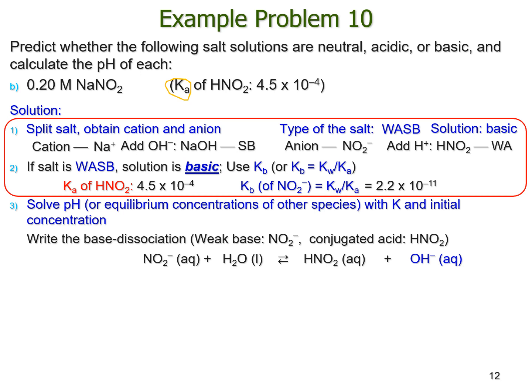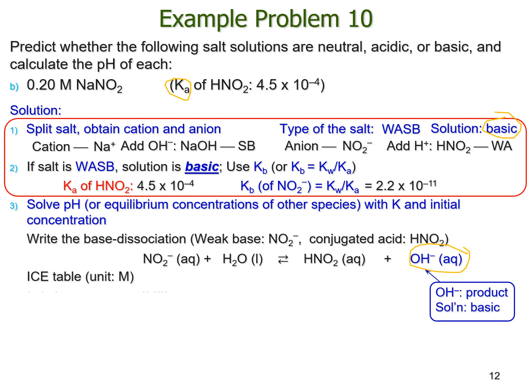Remember, the solution is basic, we must have OH minus as the product. Once we have the reaction, we set up the ICE table. We have initial concentration, plus X, minus X for change in concentration. So we have the equilibrium concentration right here.